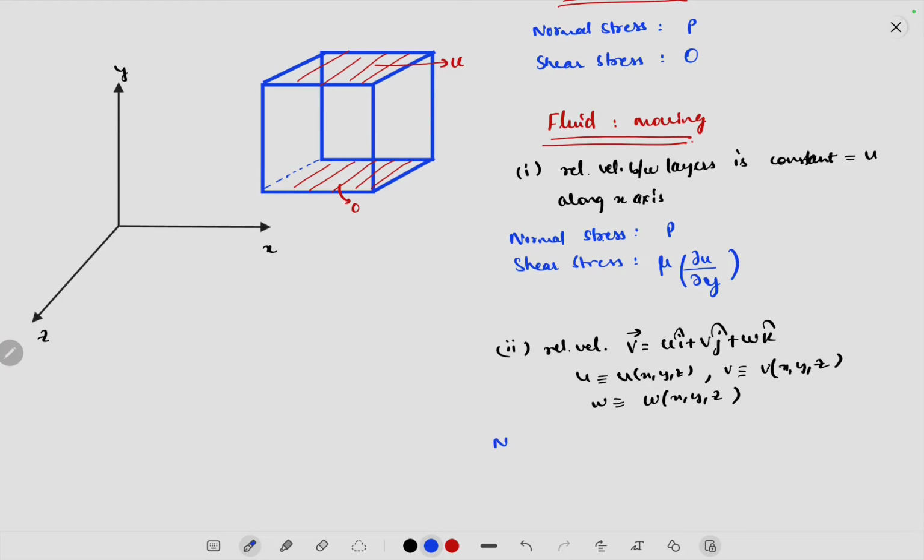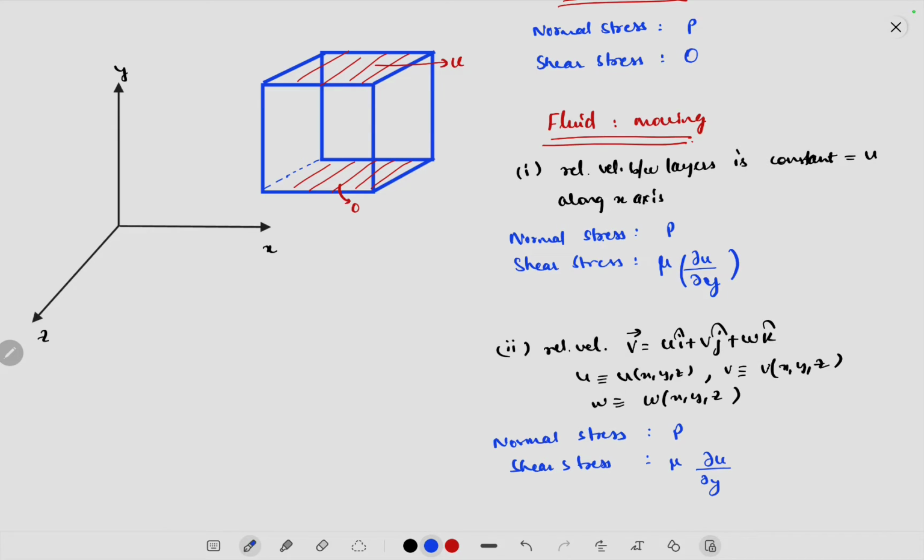You may say that again the normal stress is pressure P and the shear stress from Newton's law of viscosity will be mu del u by del y.